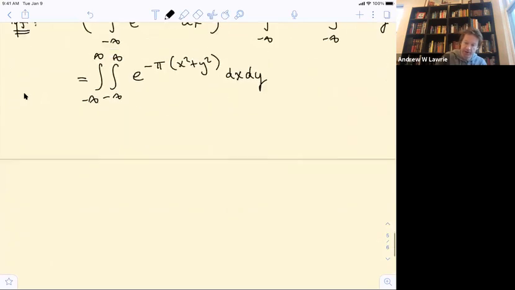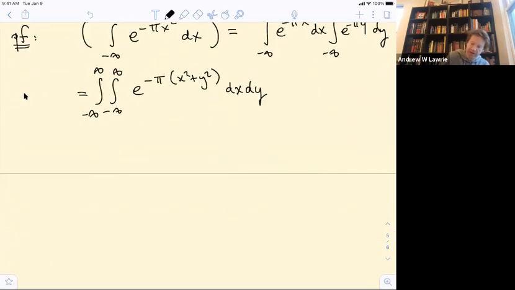Now I do a change of variables. I note that this is an integral over R2, and this just looks like the length squared of a vector in R2, the vector (x, y).